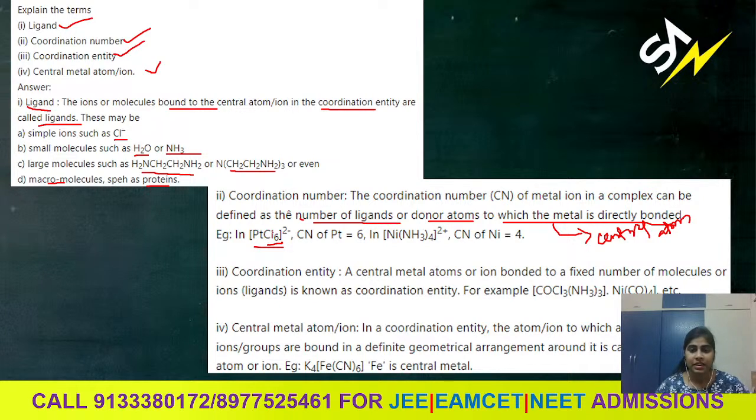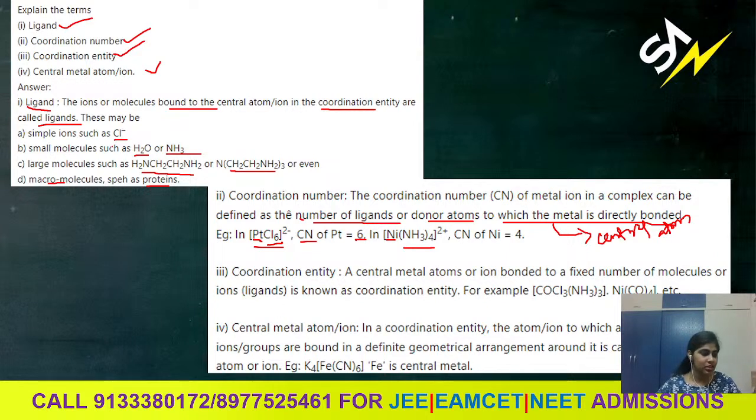So this platinum forms 6 bonds. The central atom here is the platinum. This forms 6 bonds with this chlorine. In such case, the coordination number of this platinum is 6. Similarly, in this complex also, here nickel is the central atom. The coordination number for this nickel is 4 because it forms 4 bonds with NH3.